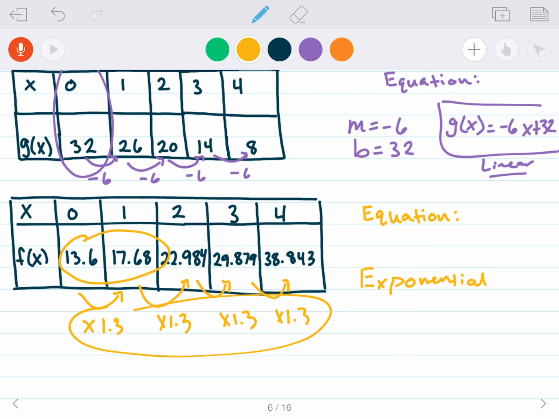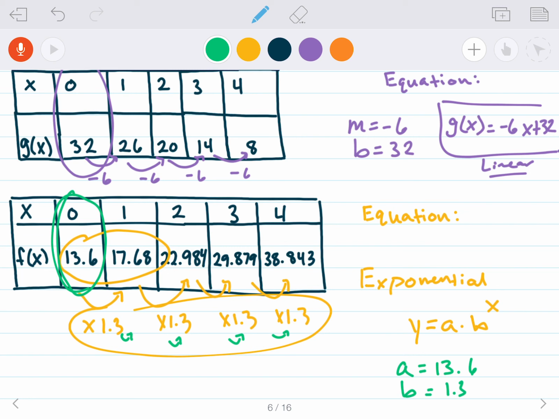Alright, so exponential, we have y equals a times b to the x, where a is our starting value when x is 0. And that happens right here at 13.6. So a is going to be 13.6, and b is going to be my constant multiplier, a positive 1.3. Okay, so what does that mean? What does the 1.3 mean? Remember last lecture we talked about that the b was either 1 plus or minus the percent change?